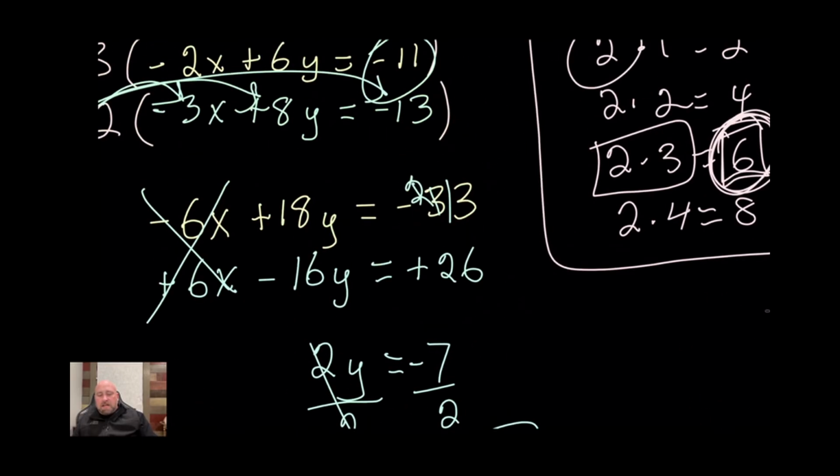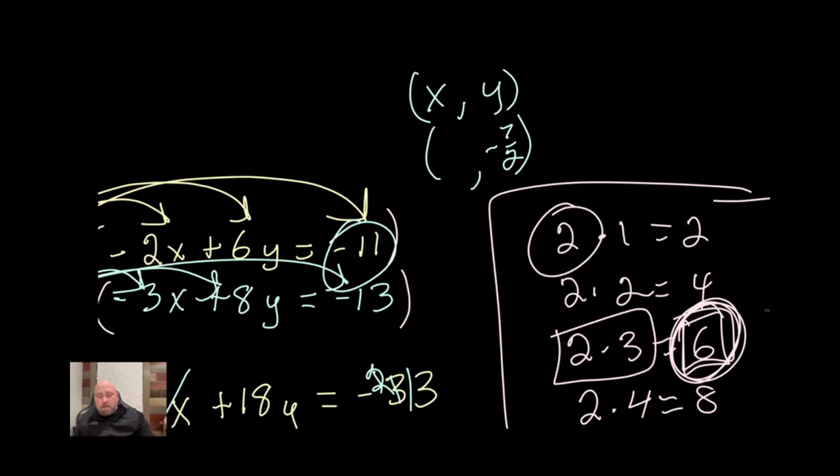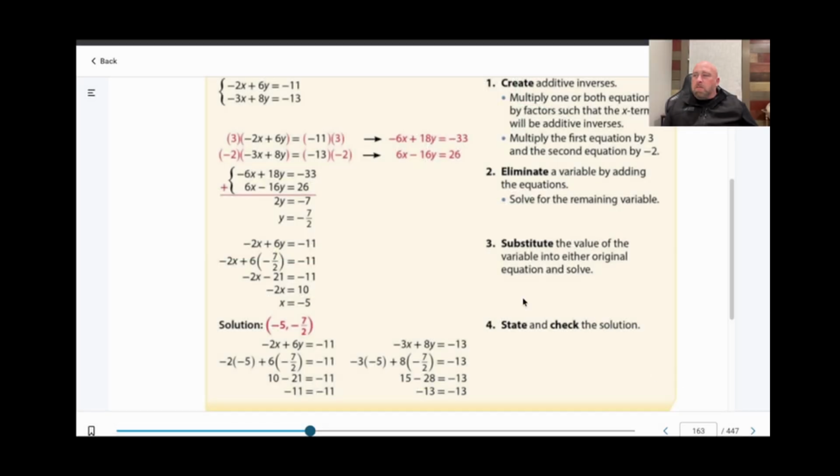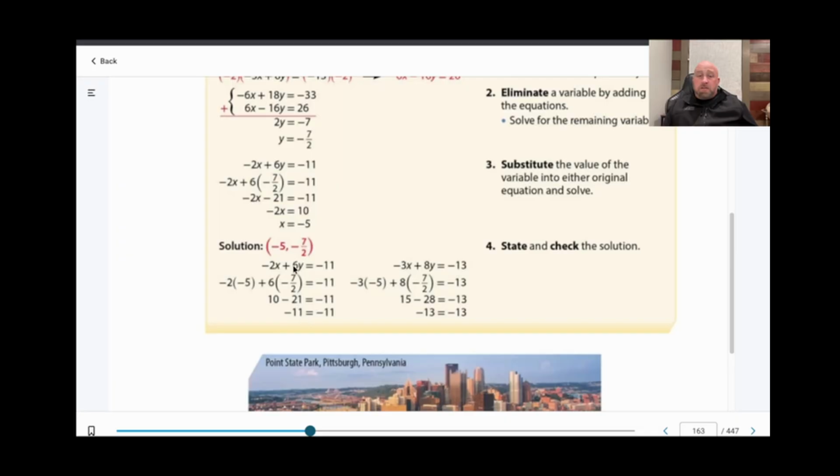So there's our second answer. Way back up here is a negative 5. So that's our solution right there, negative 5 and negative 7 over 2. Now you would go, and I'll switch back over here real quick. Now you would go through here and you would plug all that back in to make sure that it checks. Plug the 5 in for the x.